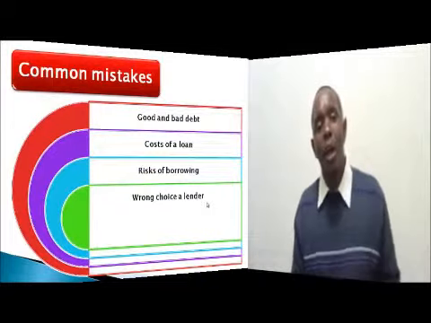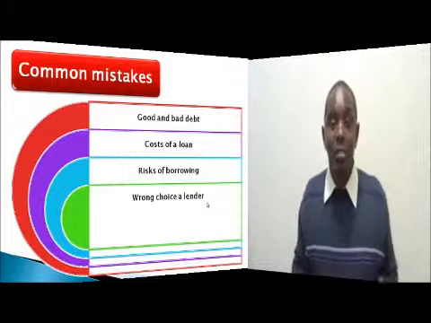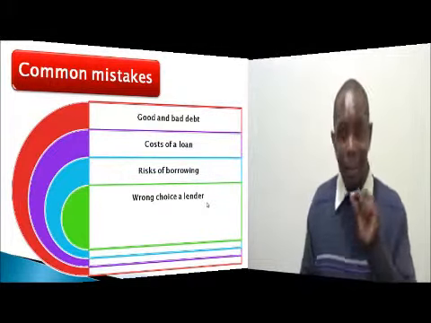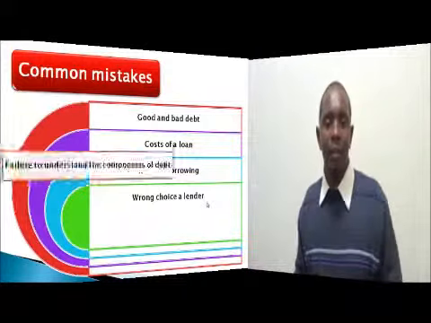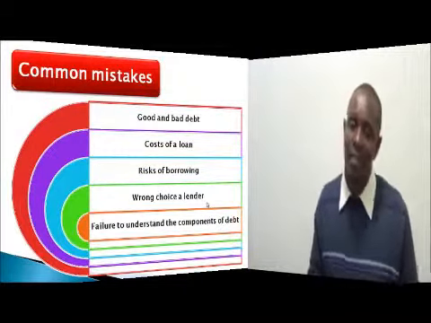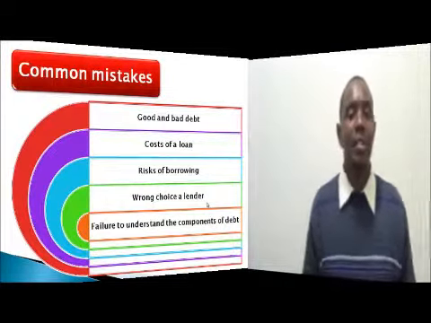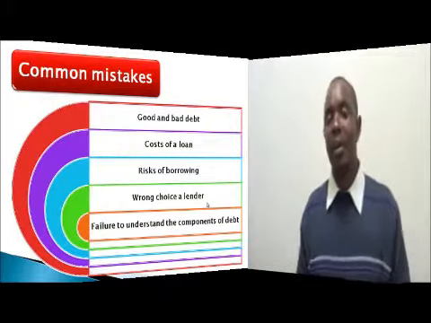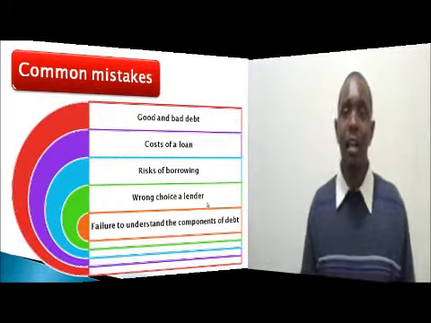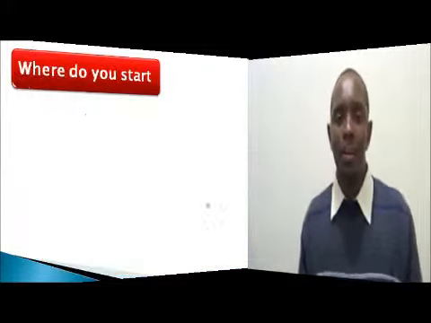Or maybe you've chosen a lender that is not offering you the best. The other one is failure to understand the components of the debt. We just discussed the components. So if you don't understand these components, then that's a mistake, and you might have problems making the loan repayments.